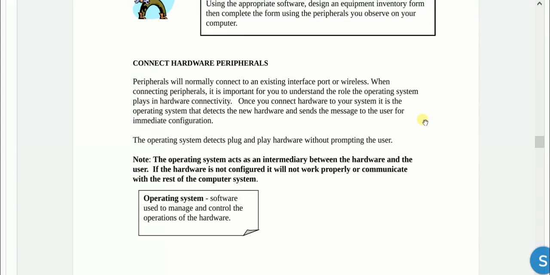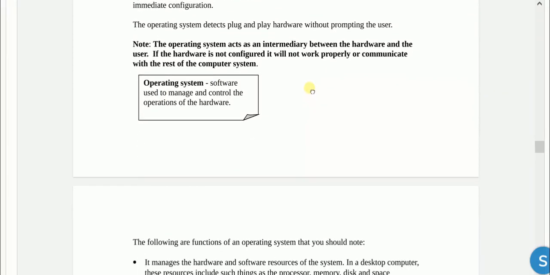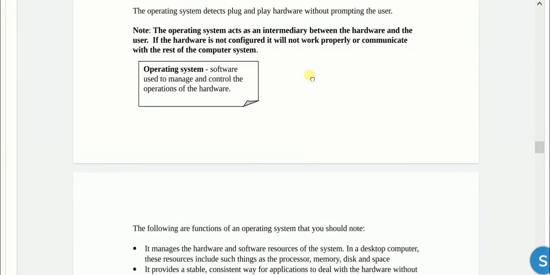And we did look at this yesterday, operating system. By the way, before going any further, operating system, is it a system software or an application software? System software. Good, that's very good. The operating system is software used to manage and control the operation of the hardware.